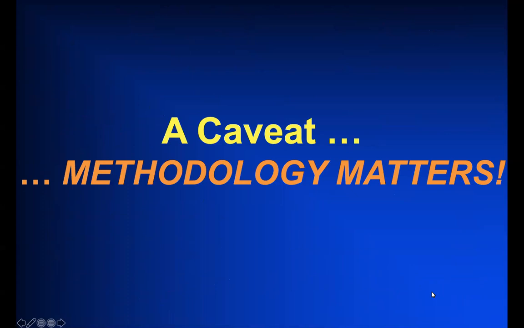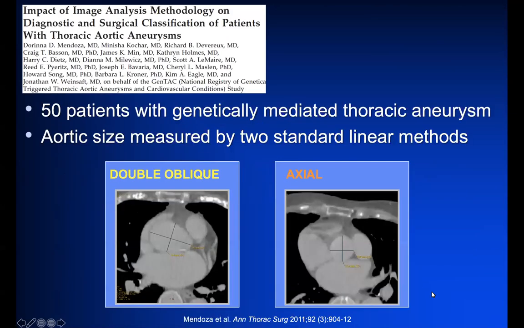One caveat, which is incredibly important, which we've shown in our lab, is that methodology is extremely important, and that methodology in terms of measurement of aortic size can vary, even between highly experienced laboratories.